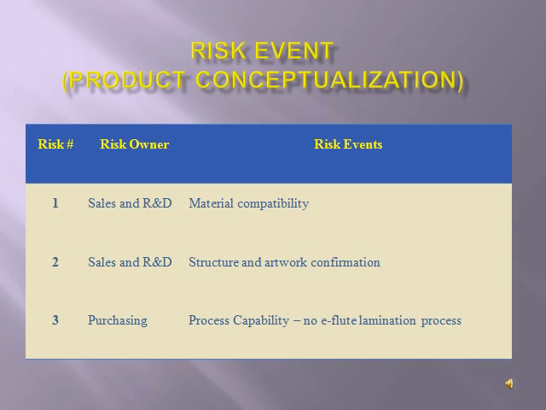E-flute lamination, whereby Thunderprint has decided to transfer the risk by outsourcing it to a qualified third-party finishing house, due to in-house having no such e-flute lamination process. Prior to project commencement, Thunderprint has sent a mock-up sample to customer for the approval on the material, structure and artwork.